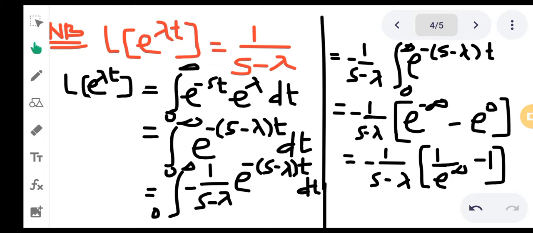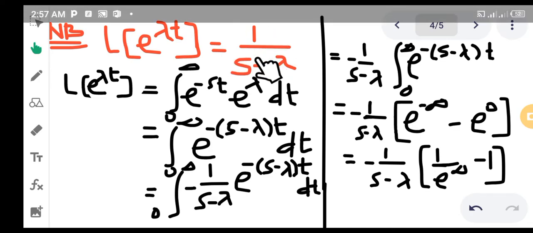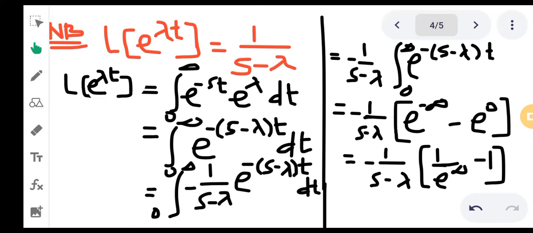It could be 2, 1, 3, or 4. Anytime we apply a Laplace transformation to a function of the form e exponent lambda t, the result is always 1 over s minus lambda. Remember, the lambda is the constant.